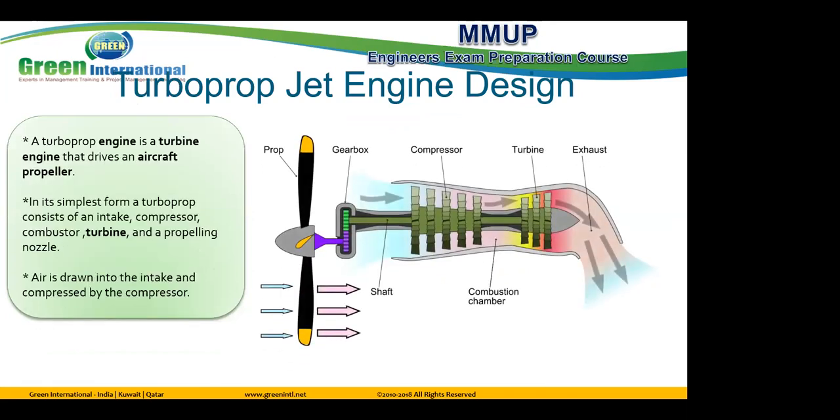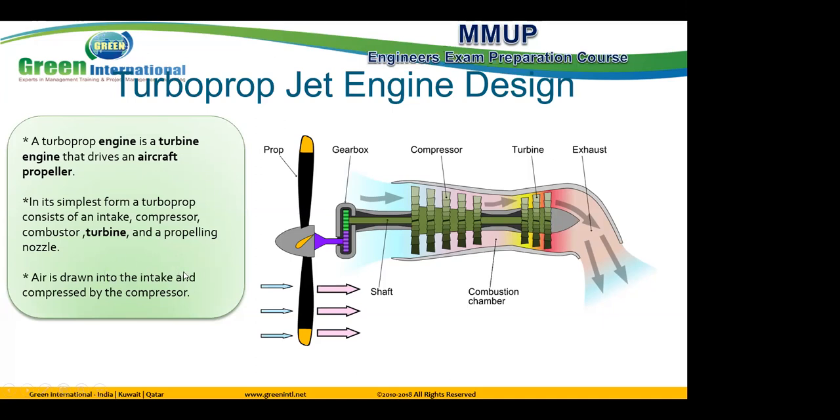Turboprop jet engines: the turboprop joins the shaft of the compressor at the end with a gearbox and propeller. It consists of intake, compressor, combustor, turbine, and propelling nozzle.